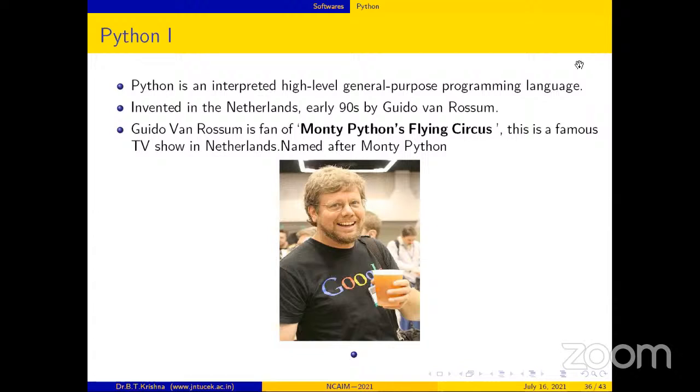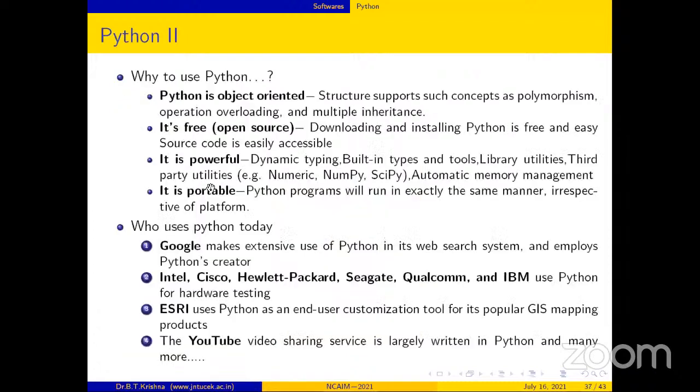It was invented in the Netherlands by a person named Rossum, who is shown in the picture, and he likes a TV comedy show, Monty Python's Flying Circus. Based on this, the programming language has been named Python, and he is a person from Google who started this Python software.